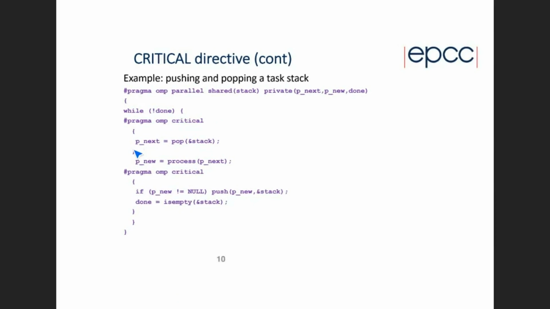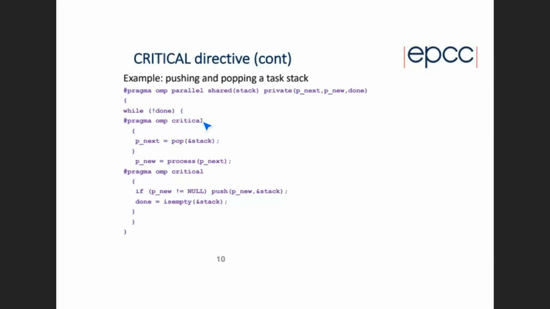The critical ends at the end of the curly braces. Right. So at the beginning, one of the threads, we don't know which, will be the first one to arrive at the first critical. They will go in and execute the pop. Any other threads that arrive at the critical will get blocked.